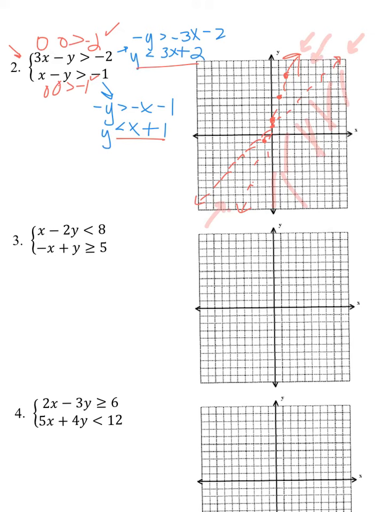This section here, they're both not shaded, and this section here, they're both not shaded. So when you go to color it in and shade it in, you're only coloring in this section right here. So that is how you graph a system of linear inequalities. Make sure that you look out for dashed versus solid, and then you have to do your shading, and where it overlaps is what is called your solution region.